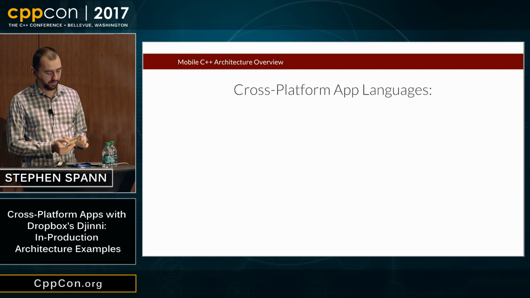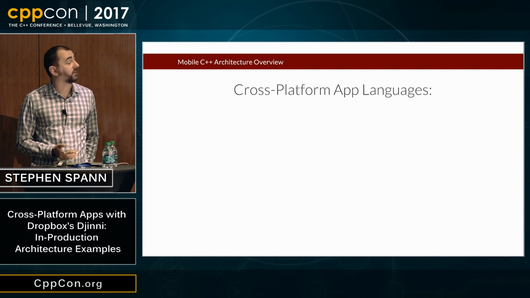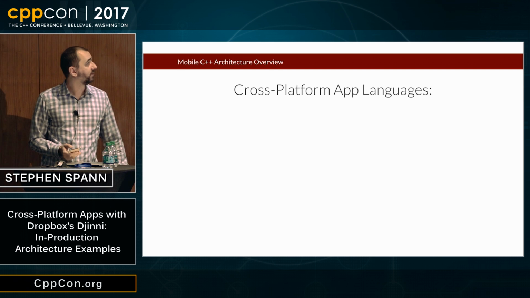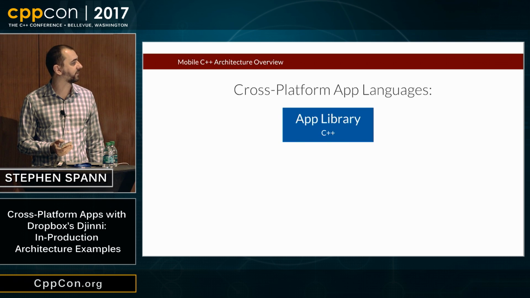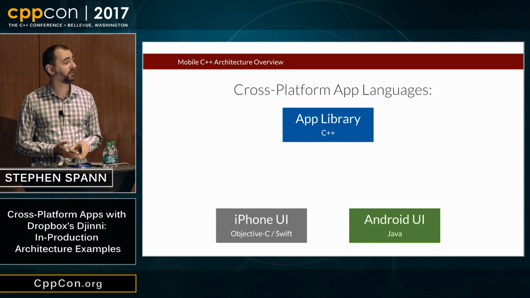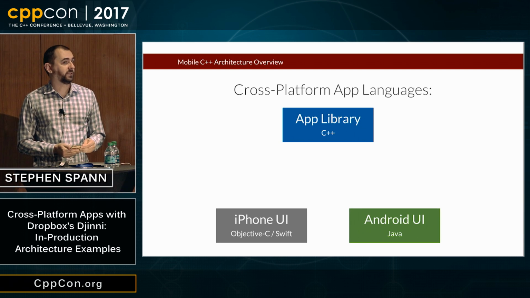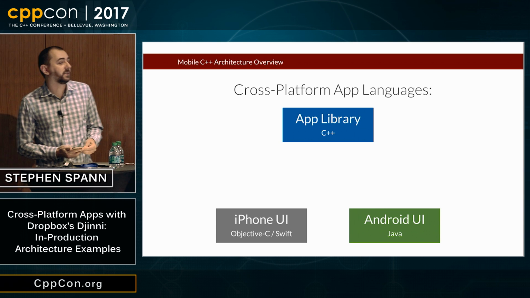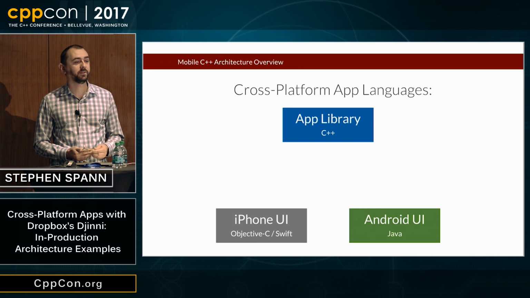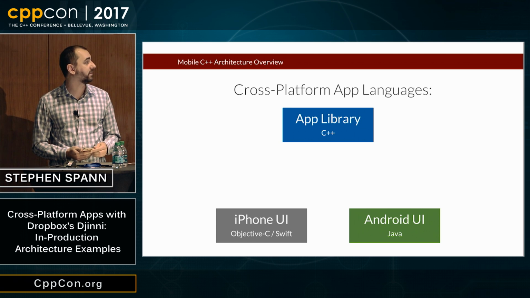Okay, so let's go through an overview of all the languages involved. We already talked about three: C++, iPhone coded in Objective-C, Android coded in Java. So those things don't talk to each other by themselves. You can't instantiate just out of the blue a C++ object and start calling methods in either Java or Objective-C.